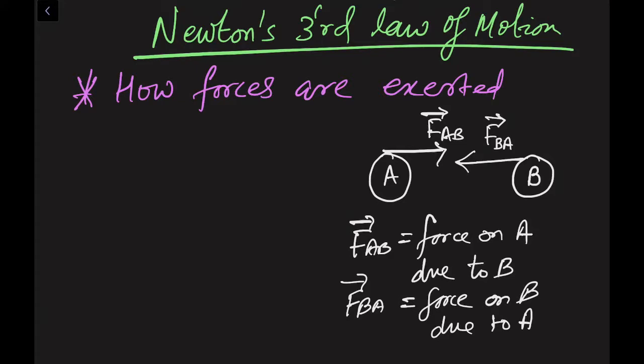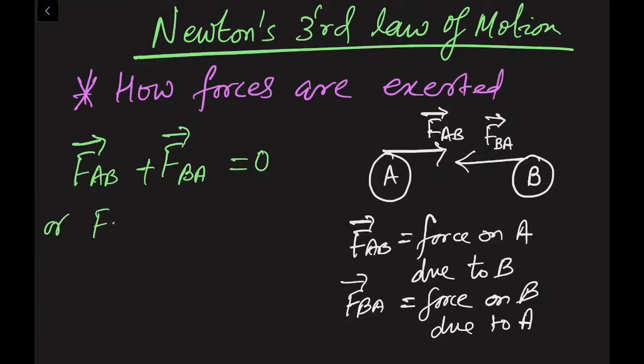So the vector equation of the event will be that the net force will be 0, or you can say FAB is equal to minus FBA. So this proves that these two forces are equal in magnitude and opposite in direction.